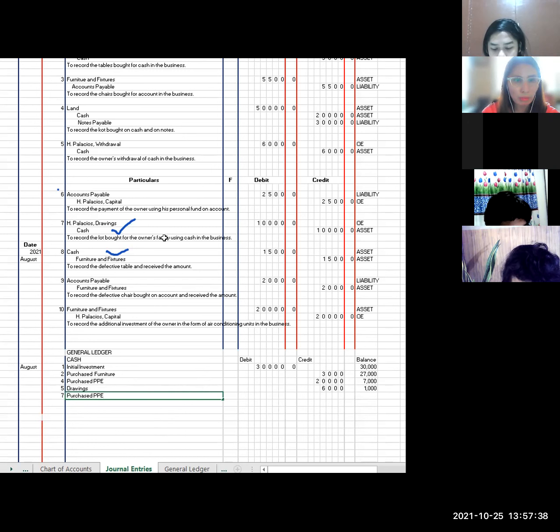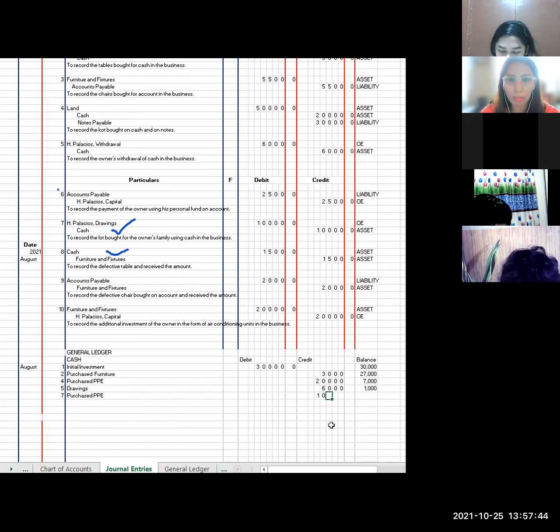For August 7, we have 10,000 pesos cash. Then, 1,000 pesos cash. And now, we have a negative, parenthesis tayo, 9,000 pesos.